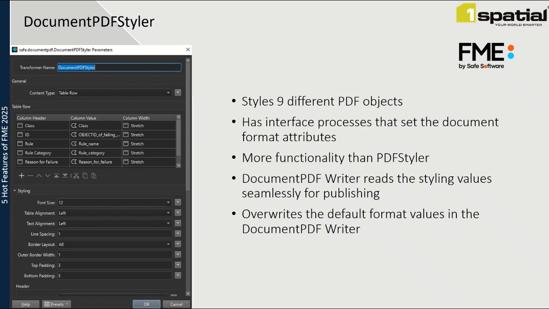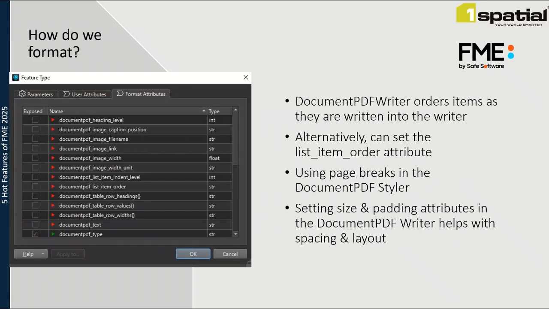I think it offers a little bit more than the old PDF styler. And then what's happening here is that this styler, with line spacing, font size, table row, all that sort of stuff, those are pulling those values into those formatting attributes, and that will overwrite the default format values in the writer. So that's how it technically works.